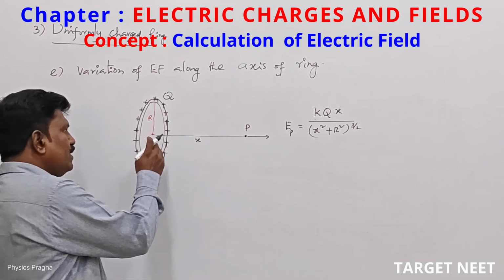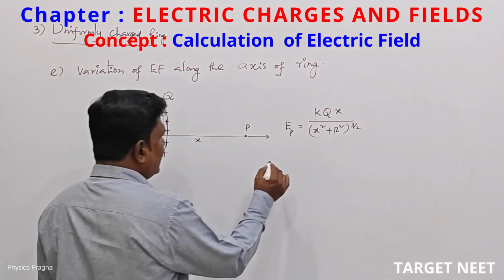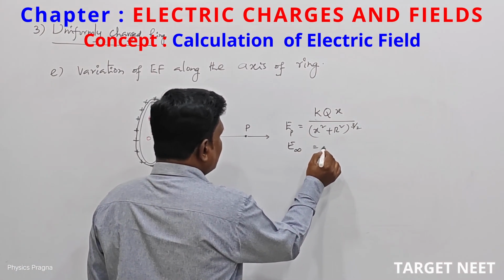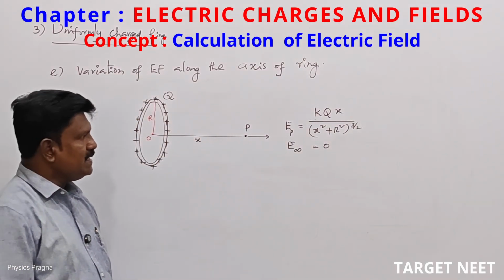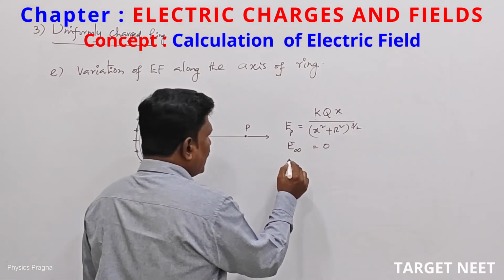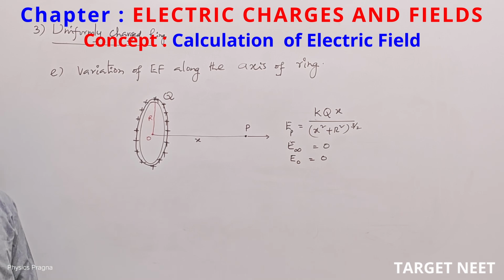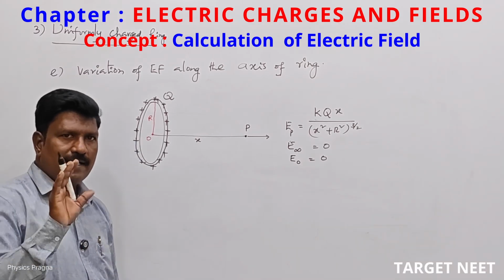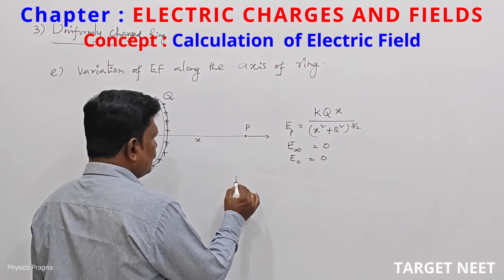See, we know when we go away from the charge, the electric field strength decreases. So at infinity, the electric field intensity becomes 0. At the center also the electric field is 0. That means the electric field is gradually increasing and then decreasing, so it must have a maximum value. So what is E maximum here?